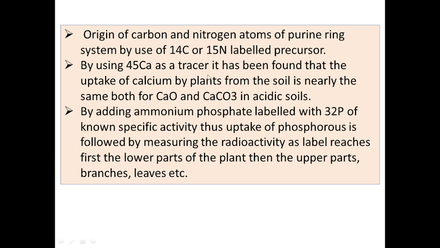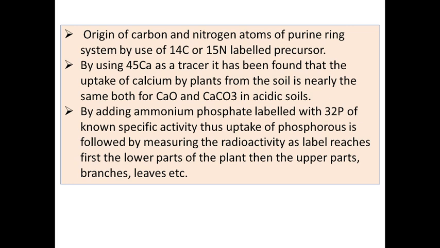It has been found that the uptake of calcium by plants from the soil is nearly the same for both calcium oxide and calcium carbonate in acidic soil. So if the soil is acidic, both are absorbed by the plant in the same way, and that can be traced by using 45 calcium as a tracer.